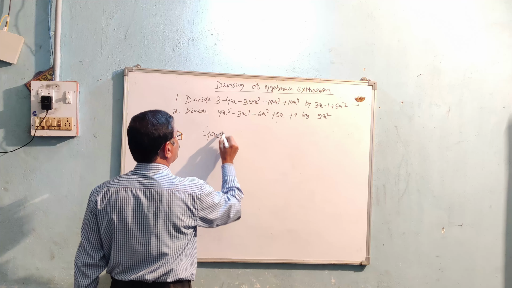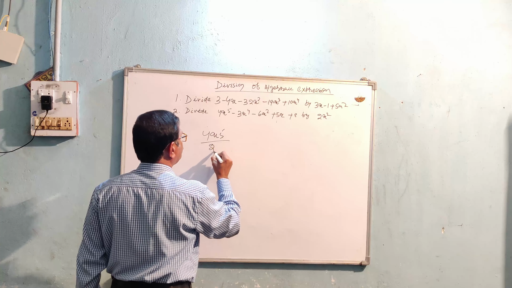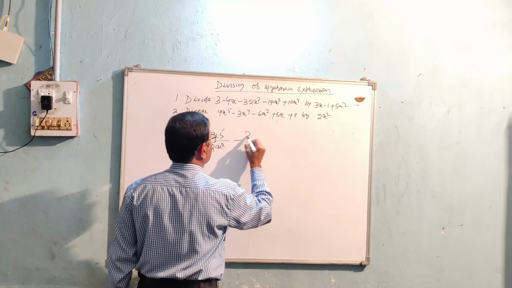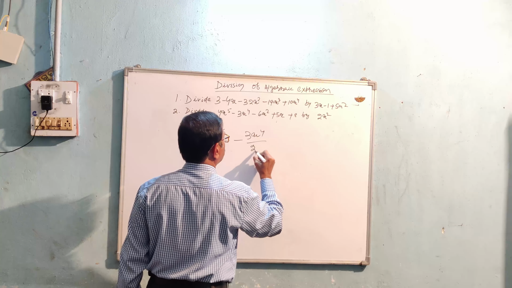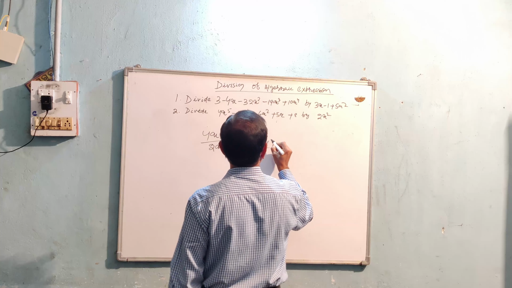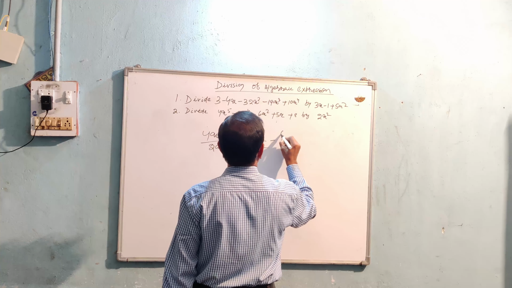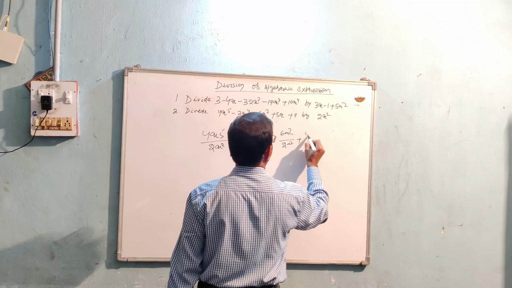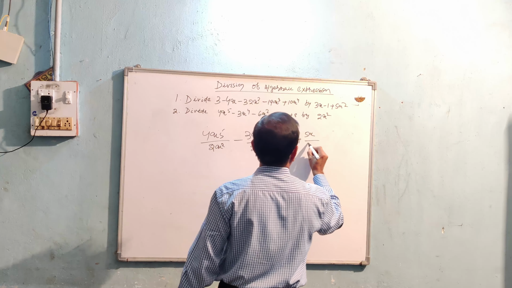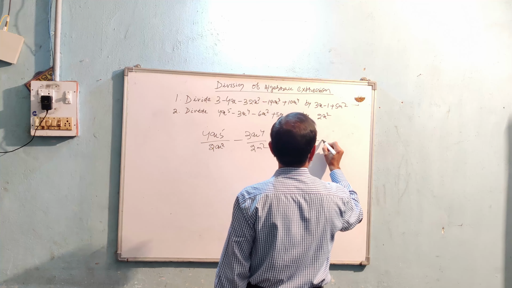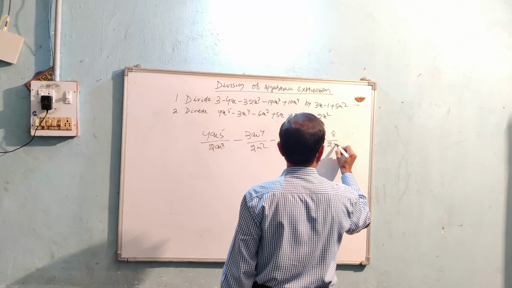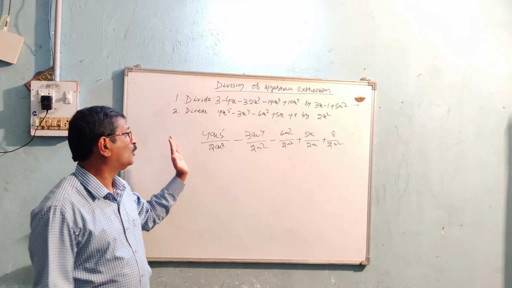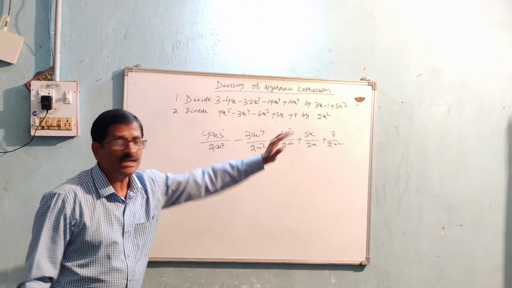You have to divide the divisor with each of the terms. Because the divisor is a single term, it is divided with each term of the expression.